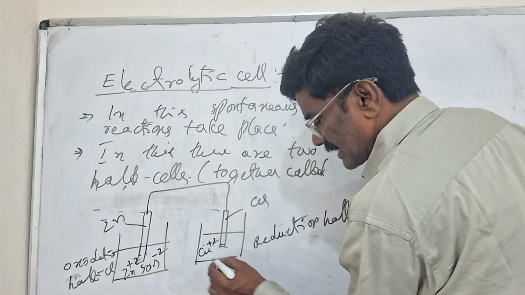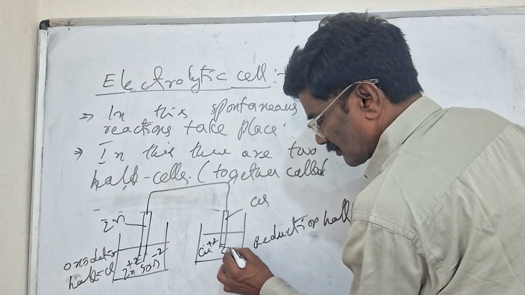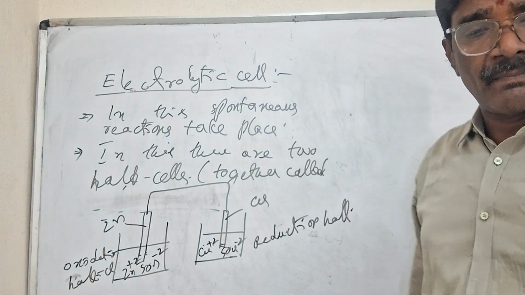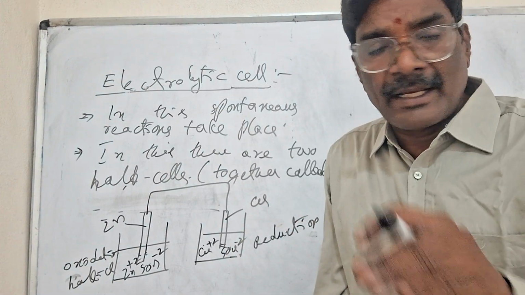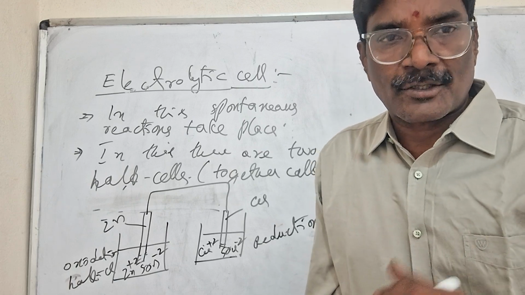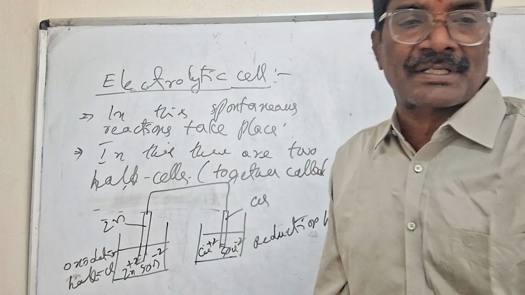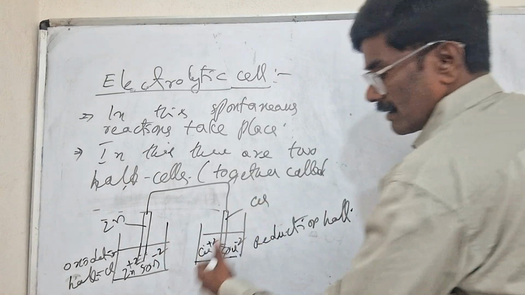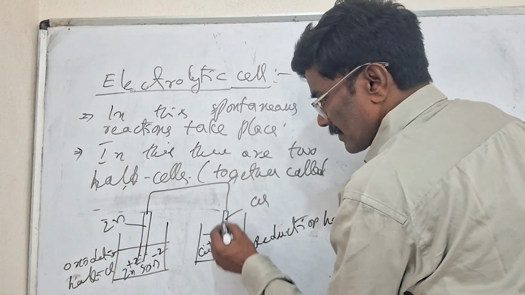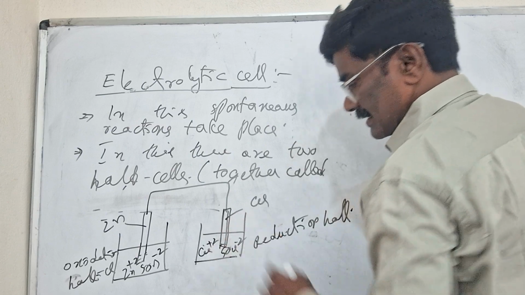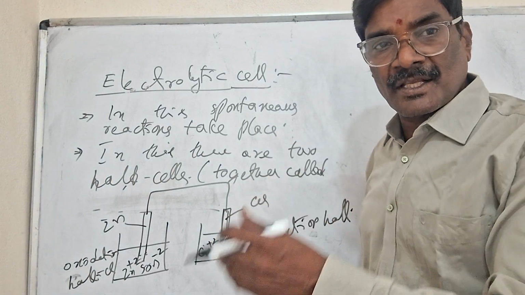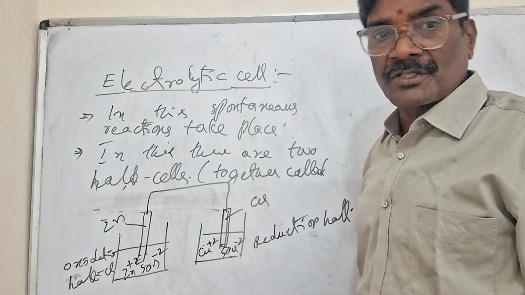Copper sulfate contains Cu+2 ions and SO4-2 ions. So we don't have compounds, only ions. These are electrolytic solutions, and the corresponding rods are dipped in them.